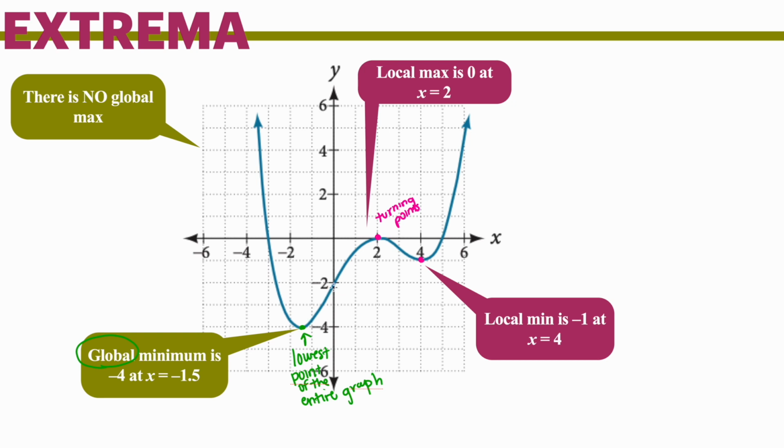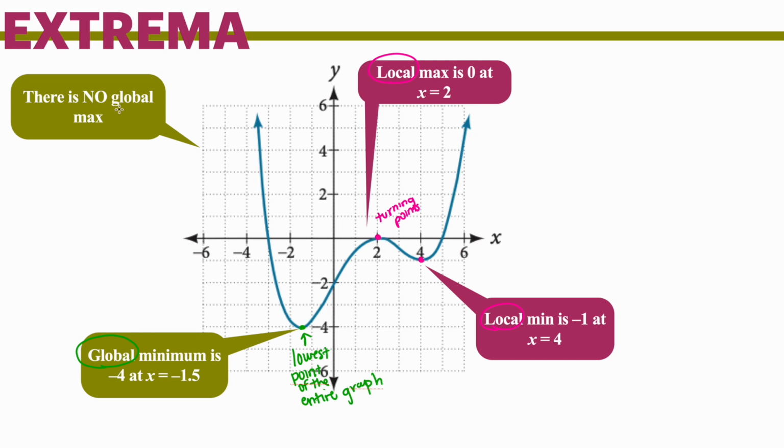It does go lower later on, and it does get higher later on, but at this particular area, it is the highest and lowest point. That is what is called local. So these would both be local turning points or local min and max. It's a minimum because this is the lowest point of this area, the max because it's the highest point.